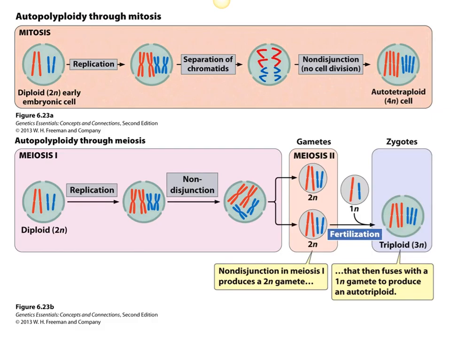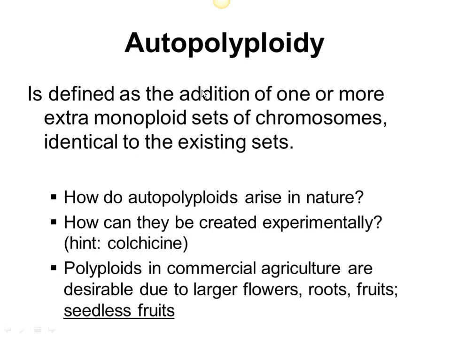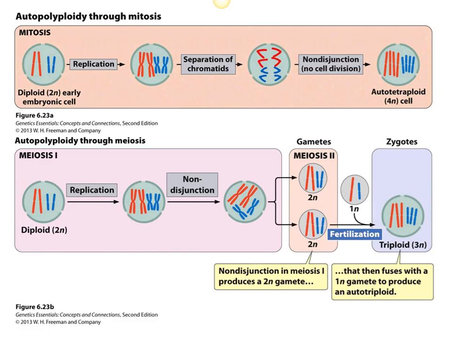When we were looking at autopolyploidy, we were looking at the creation of plants that had multiple sets of chromosomes from one starting set, just duplications of sets of chromosomes. So you can get a tetraploid plant, but it has the same sets of chromosomes as the diploid plant, it just has twice as many. So the plant type is still the same. It's just a tetraploid version of the same plant.